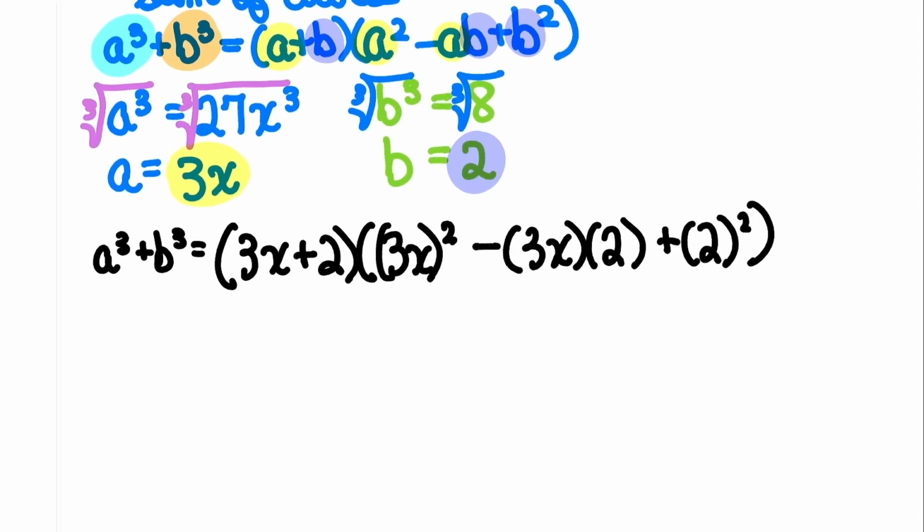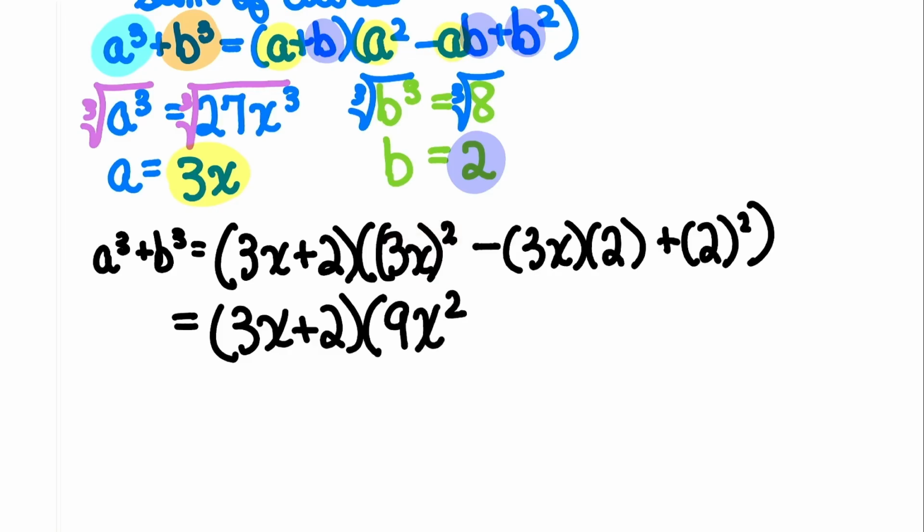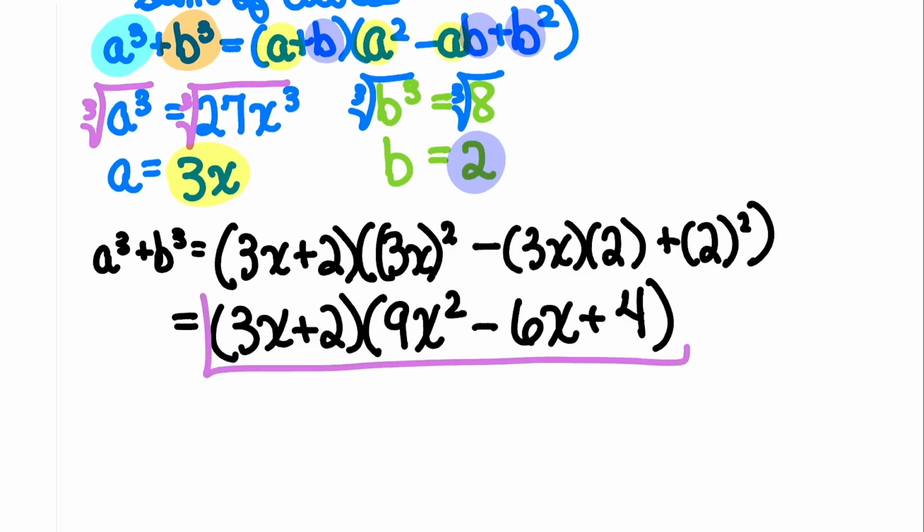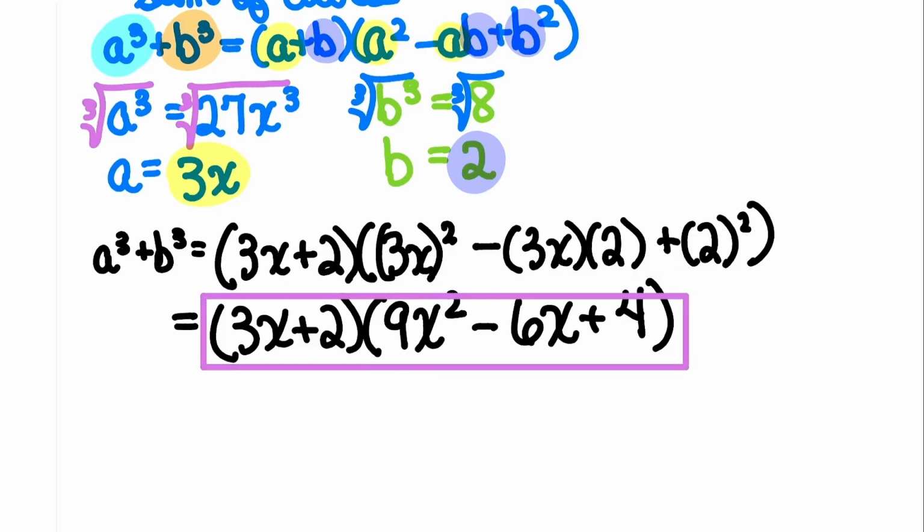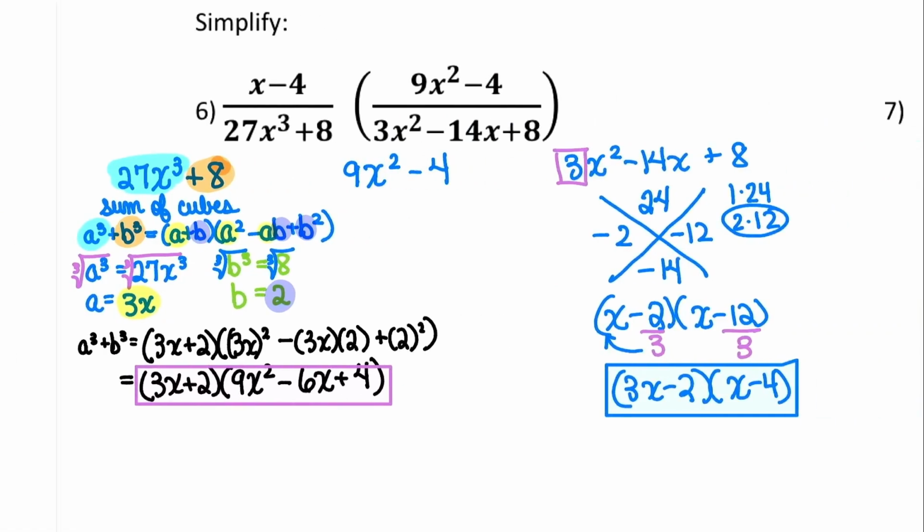Let's go ahead and simplify inside of the parentheses. So we have 3x plus 2 out front. This squared term applies to both terms inside. So this is going to be 9x squared. 3x times 2 is negative 6x, and then we're going to have 2 squared, which is 4. So this is now the answer that's going to go in place of our unfactored cubic term. Okay, it's going to go down here.